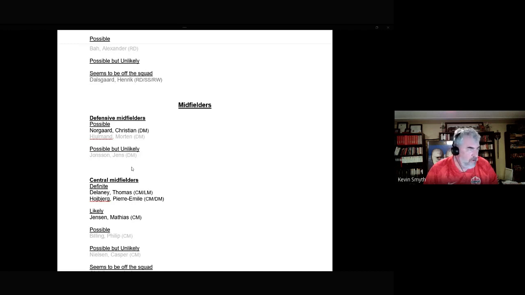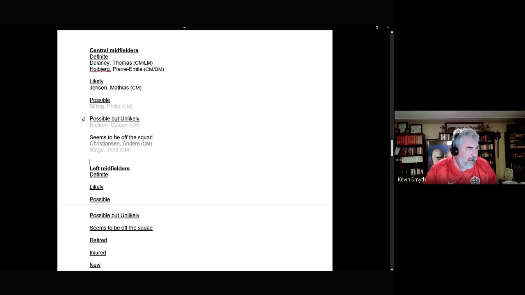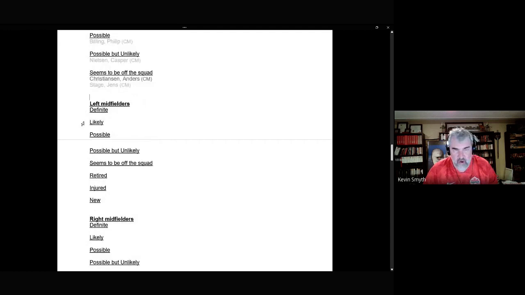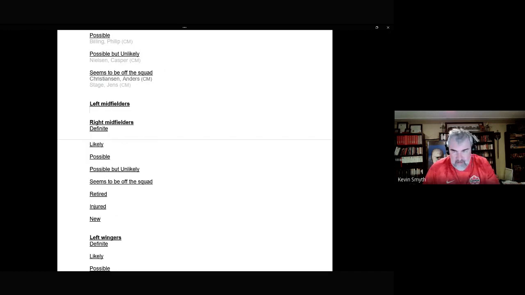Okay, now we move on to left midfielders, but we actually don't have any coded as a left midfielder on the squad. So I'll talk a little bit about the position. The left midfielder role is played by a central midfielder when it exists.